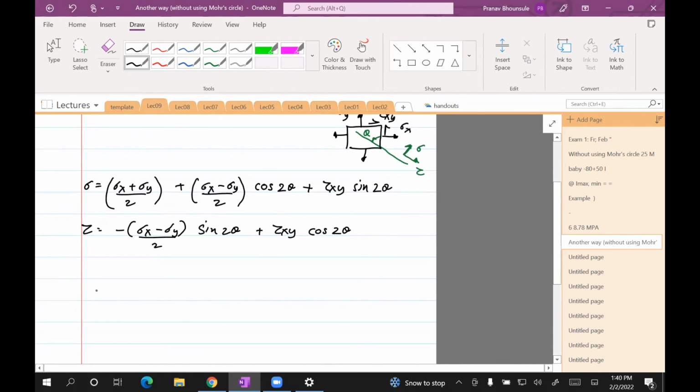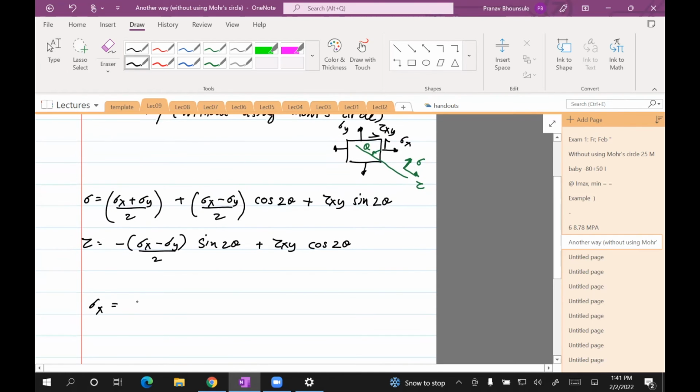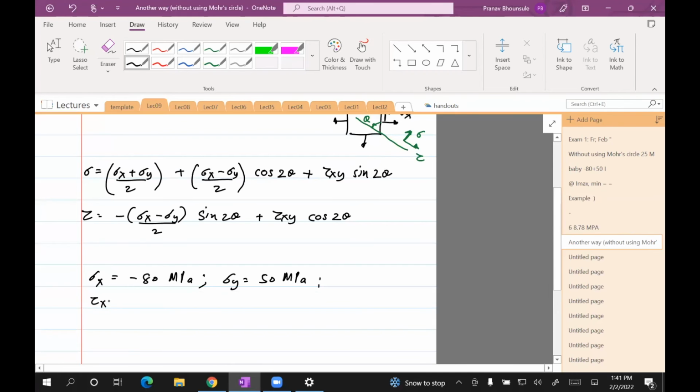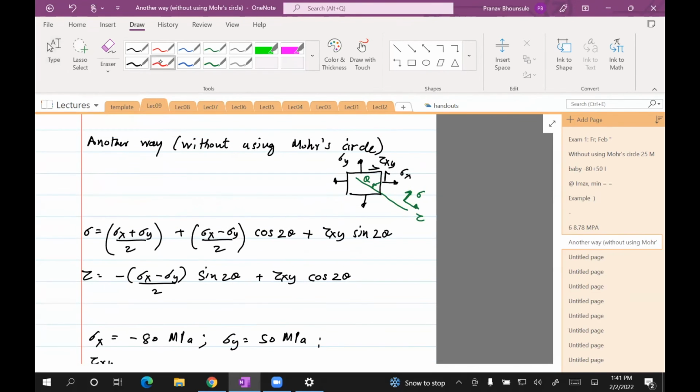Okay, and we need to sub in the values for sigma x and sigma y. So sigma x follows the same convention: positive when it's tension. In this case, it's compression, so minus 80 MPa. Sigma y here is in tension, it's 50 MPa. And as I told you, the convention for tau is that in the derivation, the shear stress was taken to be counterclockwise on face A. When it's counterclockwise on face A, the convention says that should be the positive direction, because we used that convention to do this derivation for sigma and tau.